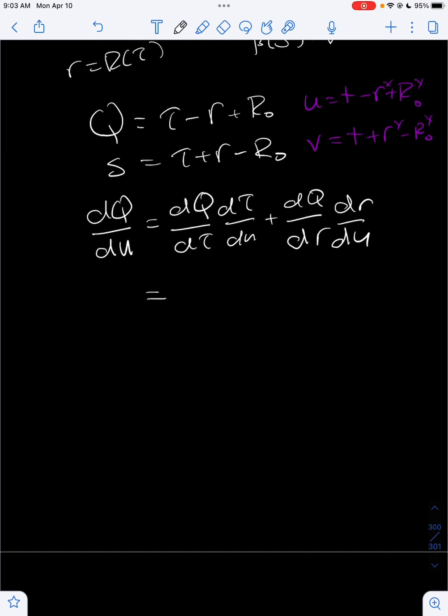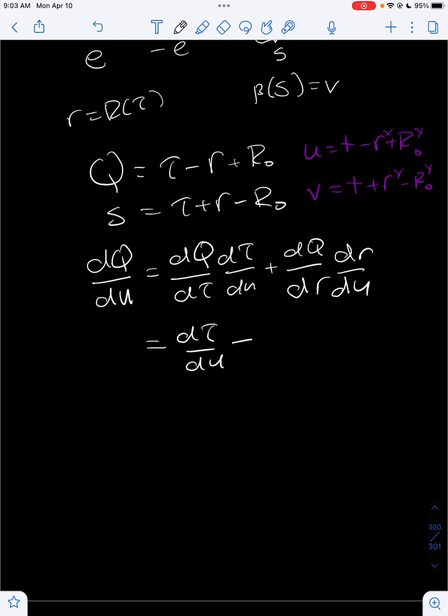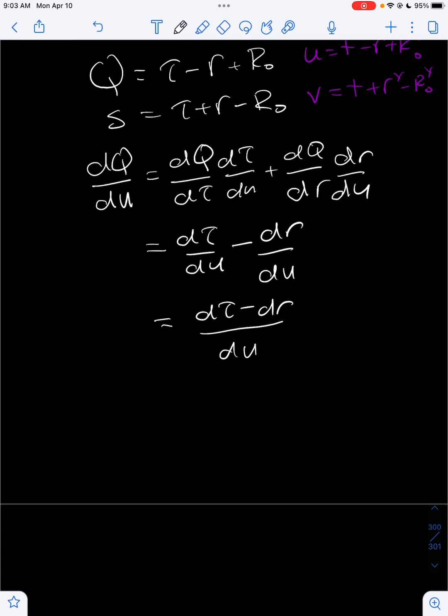So this is equal to d big Q over d tau, which is just 1, so you have d tau over du, and then minus, because dq over dr is minus 1. So we have this over here. We can now combine these two, because we can distribute through the division part, and now we have this over here.